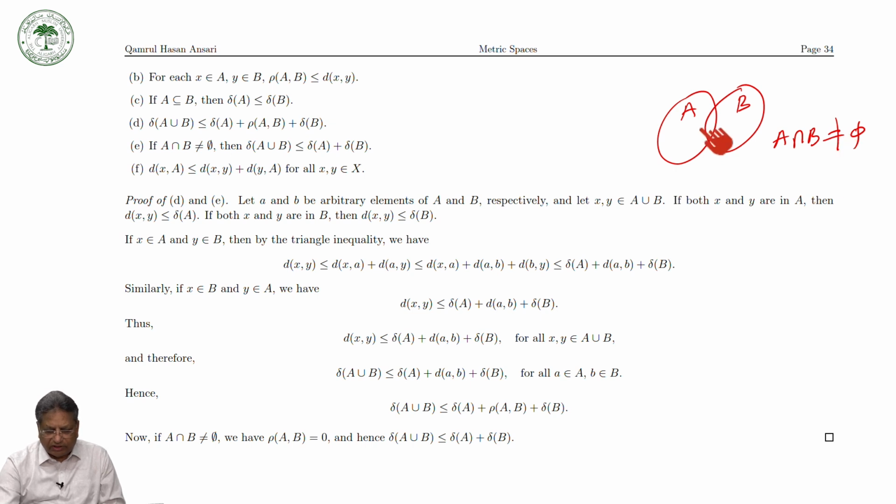So here we take x in A and now we are considering x and y as two points in the intersection of this one.